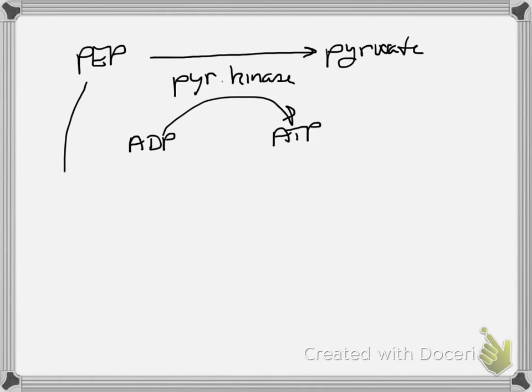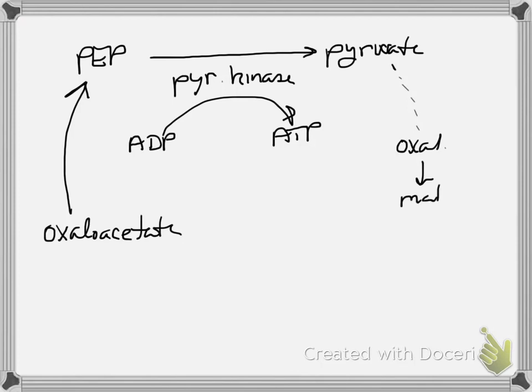Now, if we are generating phosphoenolpyruvate from oxaloacetate in gluconeogenesis, then we are potentially supplying pyruvate kinase with substrate to go back into pyruvate. Then from pyruvate, we would technically have to convert this into oxaloacetate, malate, back out into the cytoplasm. You're seeing what's happening here, and then into oxaloacetate.